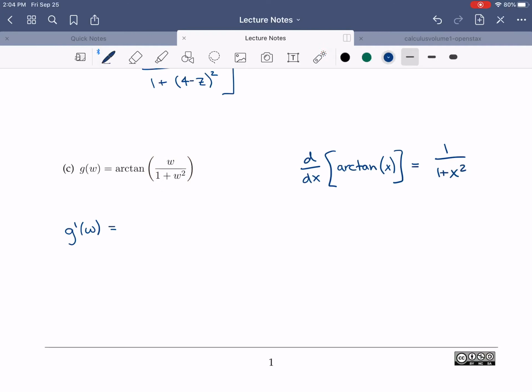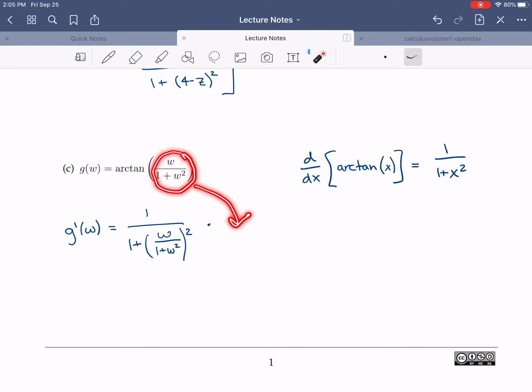So this will be 1 over 1 plus (w over 1 plus w squared) all squared, times the derivative of what's inside. So I need to take the derivative of this inner function.